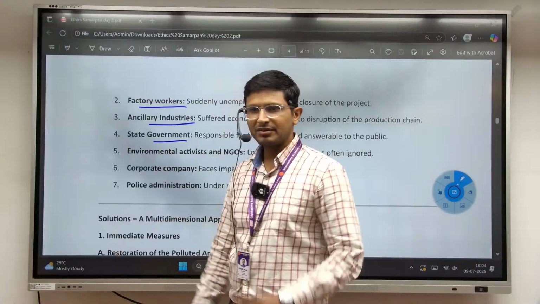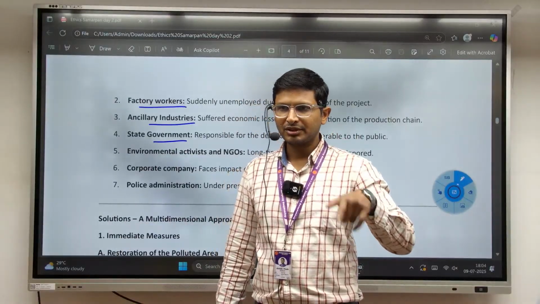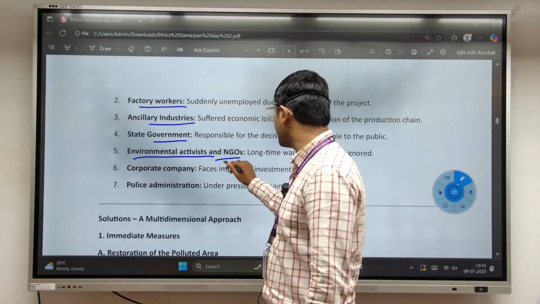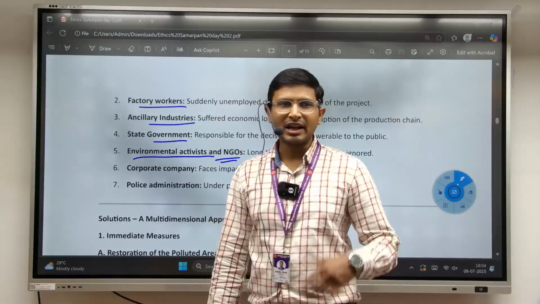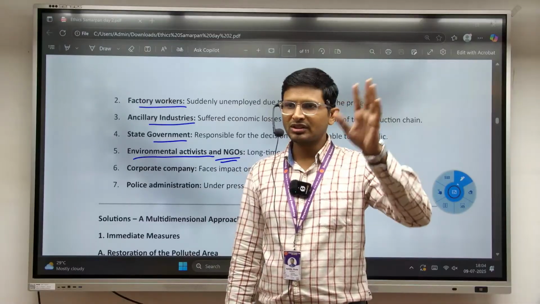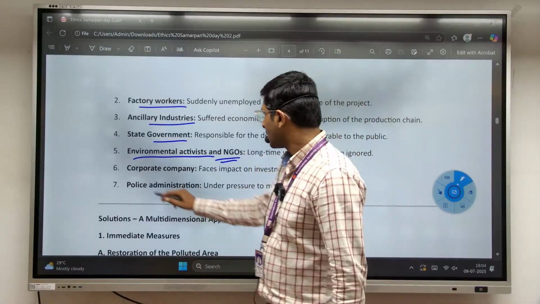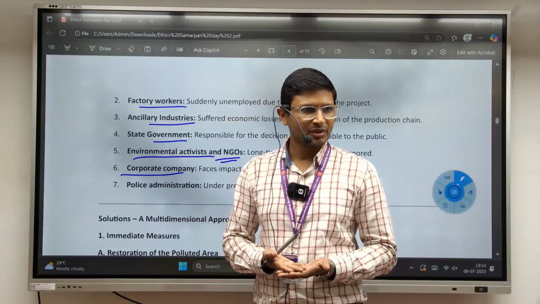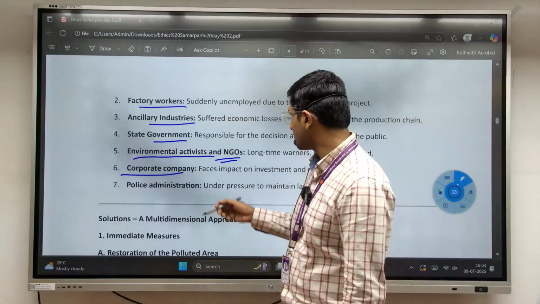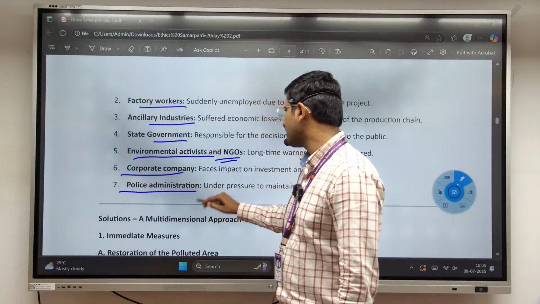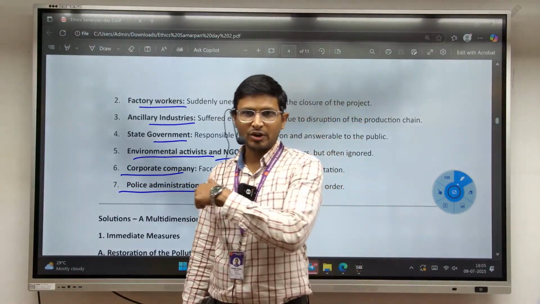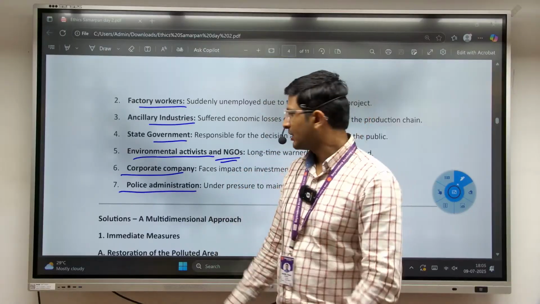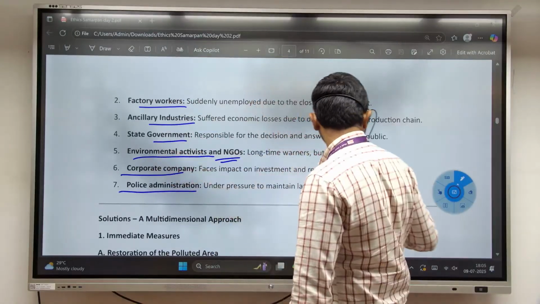The state government has given the permission, so the state government is also involved. Environmental activists and NGOs, those who are supporting the people who are protesting. Corporate companies, of course, because the company is the one doing all these things, so that is also a stakeholder. Police administration, because there is a lot of law and order problem happening because of the people's protest. Okay, so all these people are the stakeholders here.